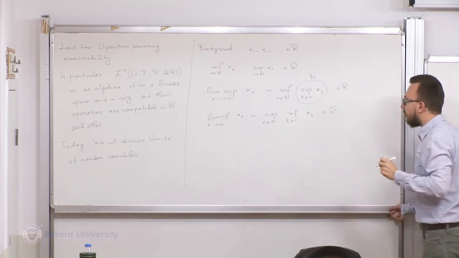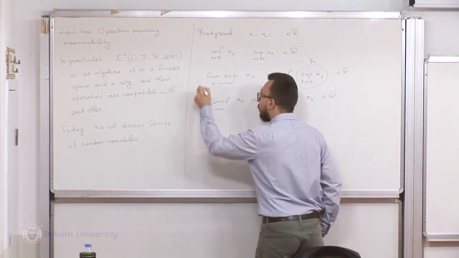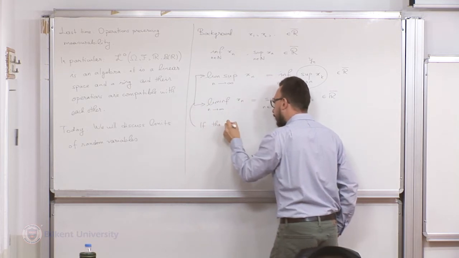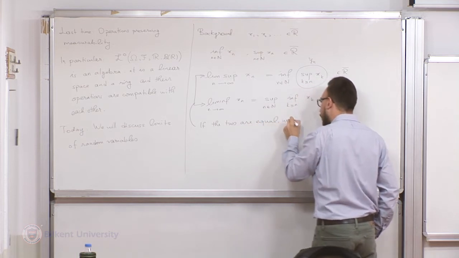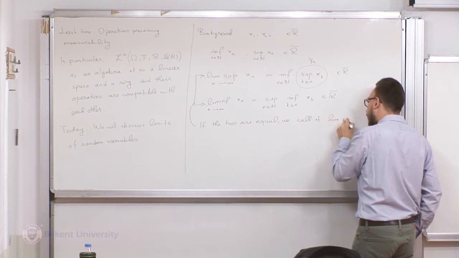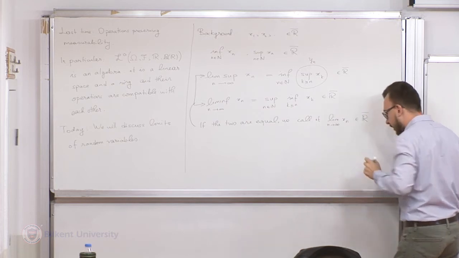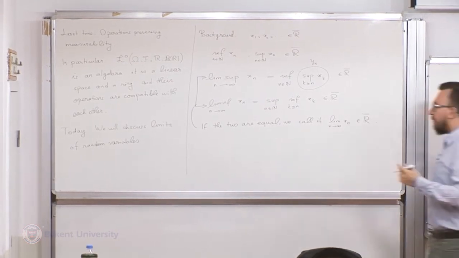Also always well defined. And if the two are equal, we call it the limit of xn as n tends to infinity, which can be a number in the extended real line. But in this case, we don't always say that the sequence is convergent.